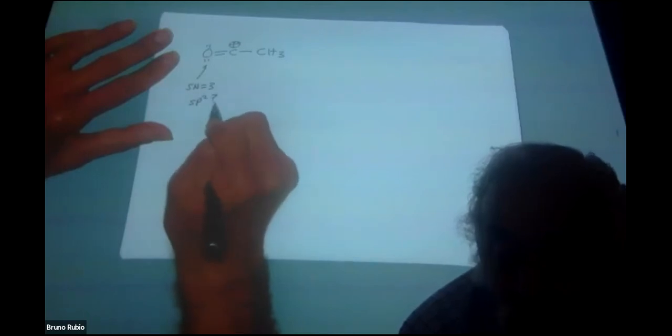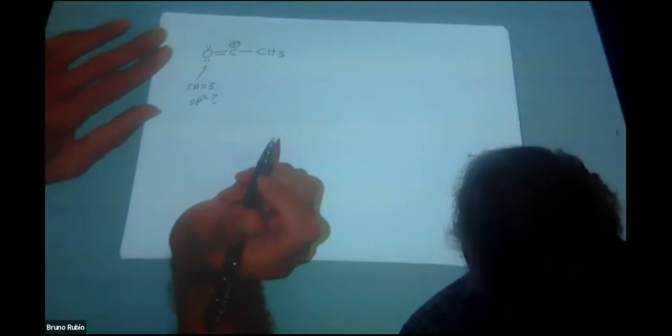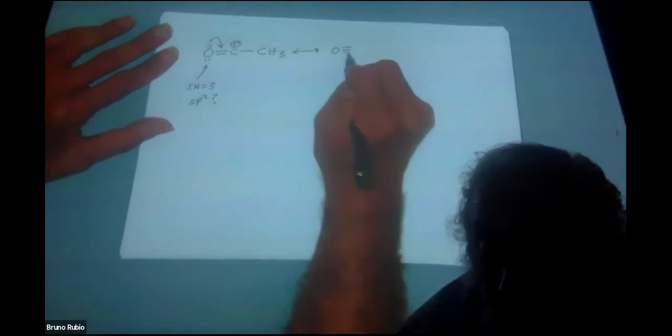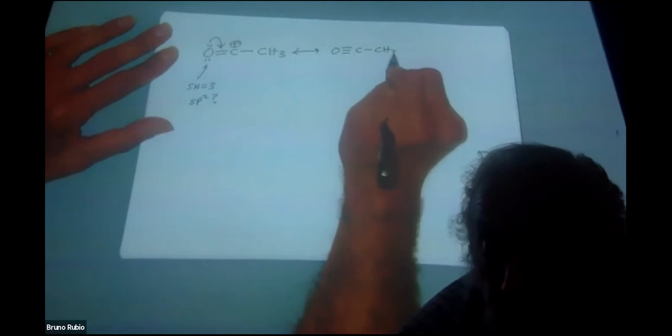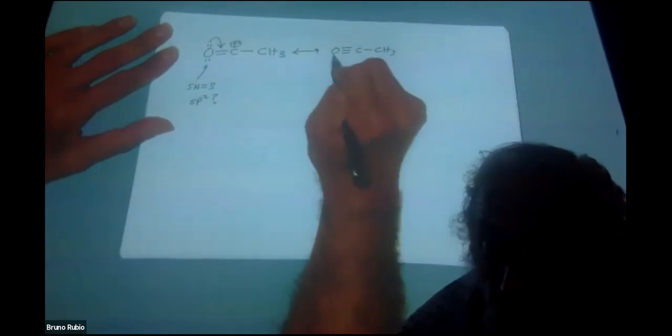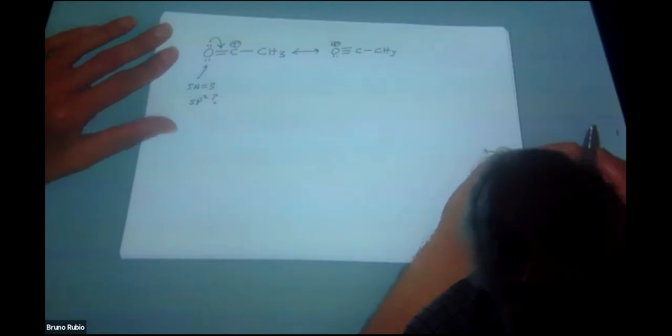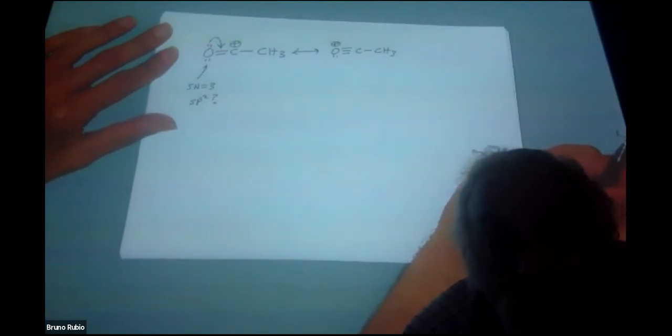sp2, question. Does it have an unshared pair of electrons that I can move around in a legitimate resonance structure? Can I do this? Well, I didn't exceed the octet of the oxygen.